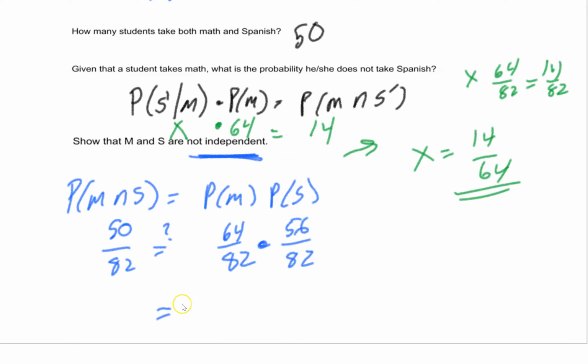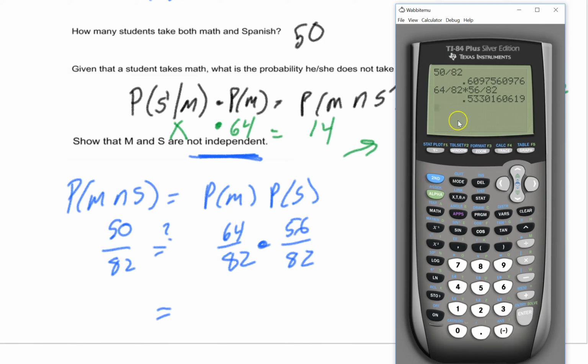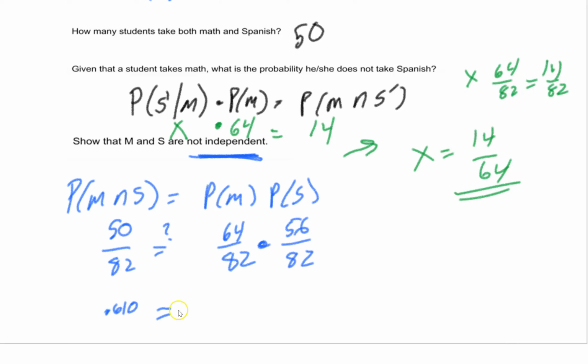You can actually do the math on this. And if you do it, you look right here, you get, they don't match, right? This is 0.610 and it's like 0.533, so they don't equal, so it's not independent. Right, so again, you can only use an independent formula if they actually specifically tell you they're independent or if they ask they're independent. Otherwise, you don't do it.